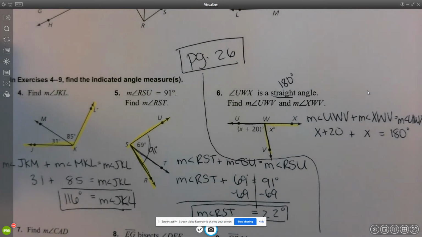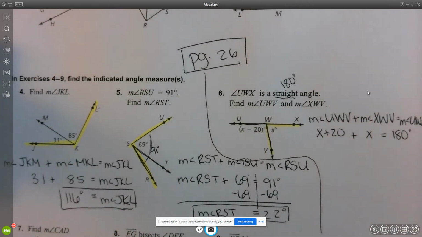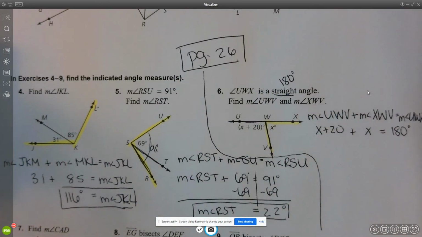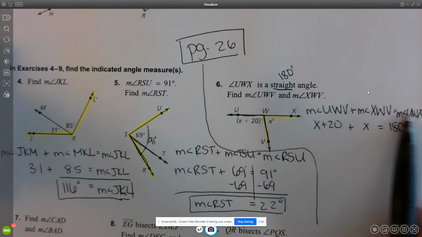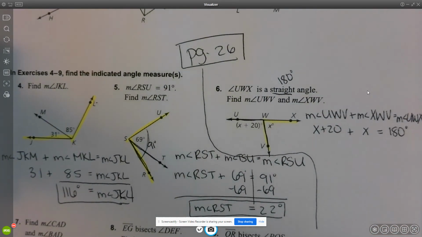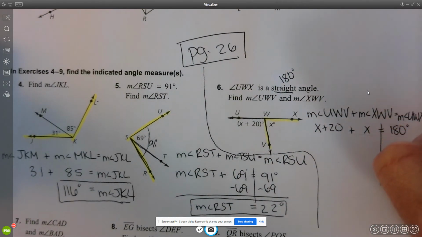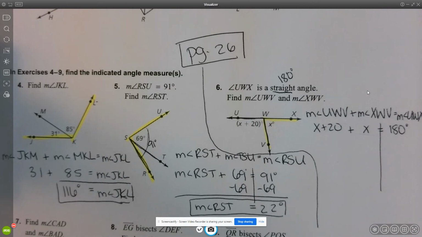You might have been able to start off by writing this equation right from the beginning, and that's fine. As you do more, you probably won't have to write this out in symbols every time. You'll be able to go right to the equation with your variables. All right, I need to solve this for x.